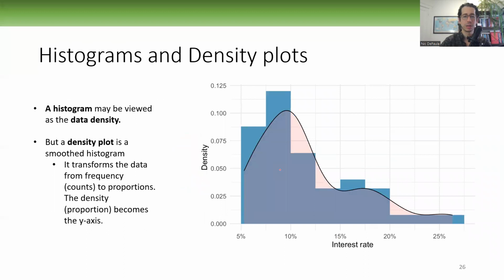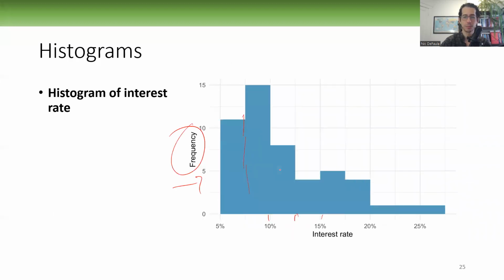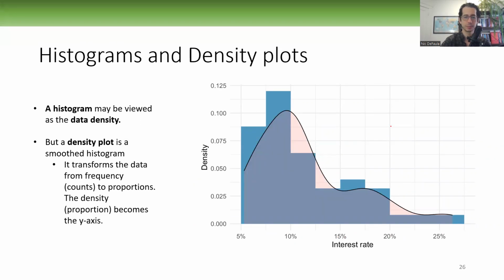Also, histograms can be transformed into density plots. A histogram is a kind of data density, right? We see here that a lot of the frequency for interest rates seems to be between 5 and 10%, and there's very little frequency of interest rates between 20 and 25%. So it's a kind of data density.